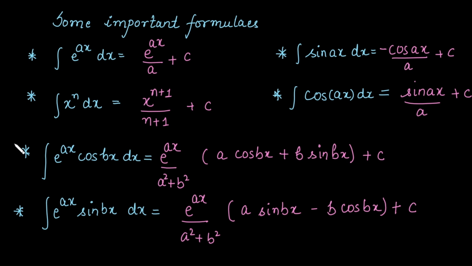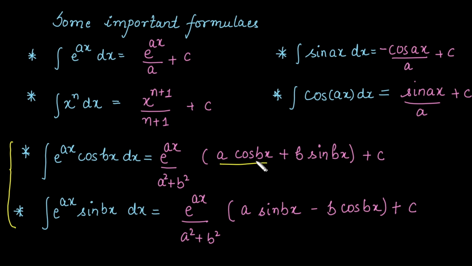Now there are another two important forms, that is the integration of e raised to power ax into some cos or maybe sin. In this case, you can observe that the starting term is the same, that is e raised to power ax as it is, divided by a square plus b square, where a and b are the coefficients of x in the exponential and the sine or cos term, into a cos bx.